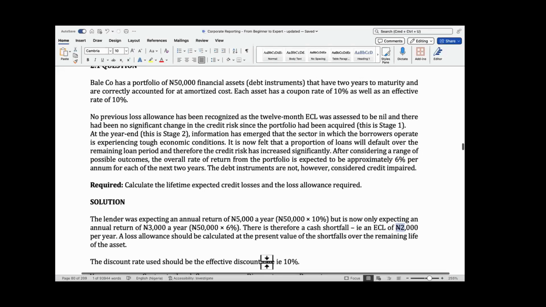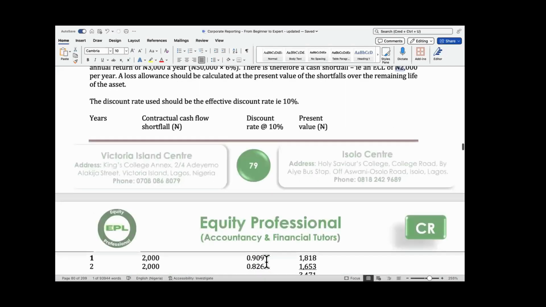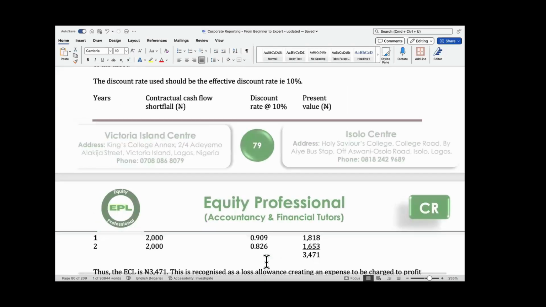Look at it. Just the normal discounting. I would have used annuity factor, but since this one is 2 years, I can do year 1, 2,000, use my discount factor, 1 plus r raised by minus n, which is 1.1 raised by minus 1. Year 2, 2,000, 1 plus r raised by minus 2.